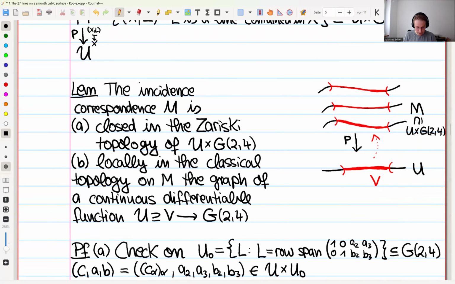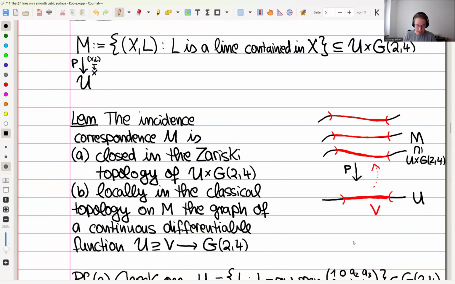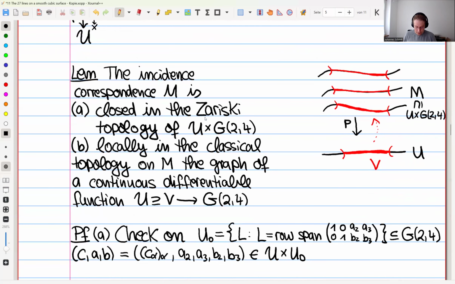And so for the first part, we need to say that this M is described by some algebraic equations, essentially. And being closed can be checked on an open cover, and we check it on this nice open cover of the Grassmannian that we have already seen, because we have seen that it's covered by these affine patches. In particular, if you look at the locus where the first minor of this matrix is non-zero, then you can get this into the standard form of the identity matrix, and then the remaining coordinates are exactly affine coordinates on this patch U0.